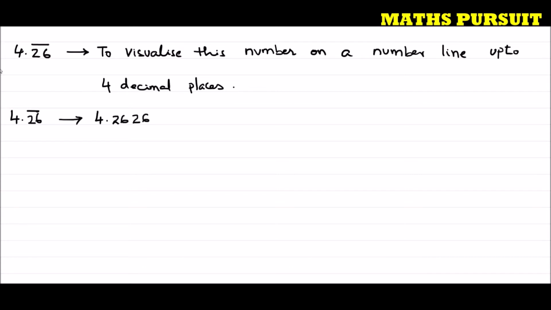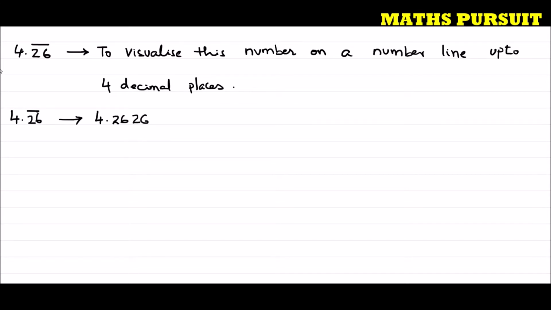Here there is a bar on 26, that means 26 is repeating. If there is a bar on a particular number, that number is repeating. For that reason I have considered one more 26. That means there are 4 numbers, 1, 2, 3, 4. So we are going to show 4.2626 on a number line.